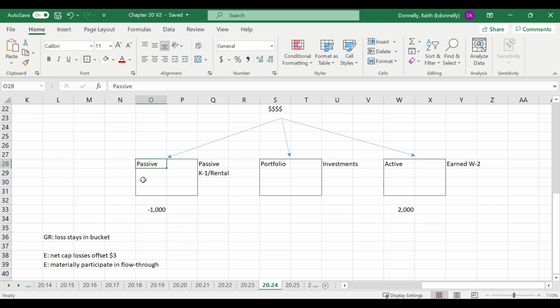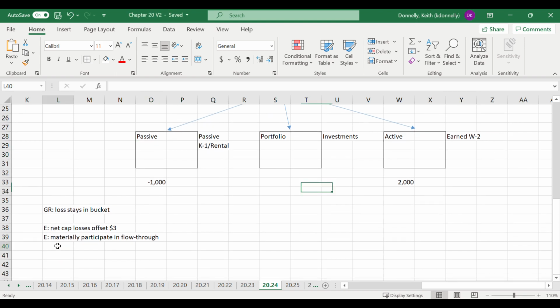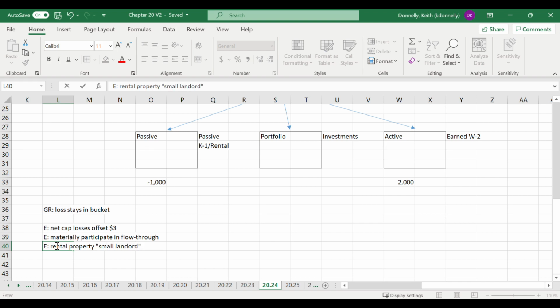Or if, for example, you're a real estate professional. It's your full-time job. You deal with this. You don't just have a couple rental properties where it's passive. Then you can do it. Another exception, if it's rental property, is the small landlord exception, where you can offset up to 25K of earned income over here from rental.